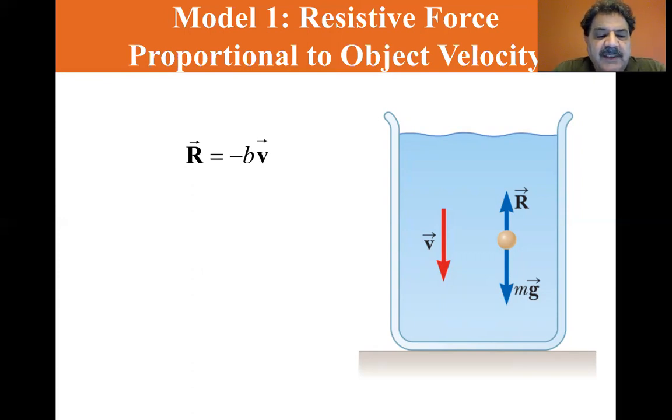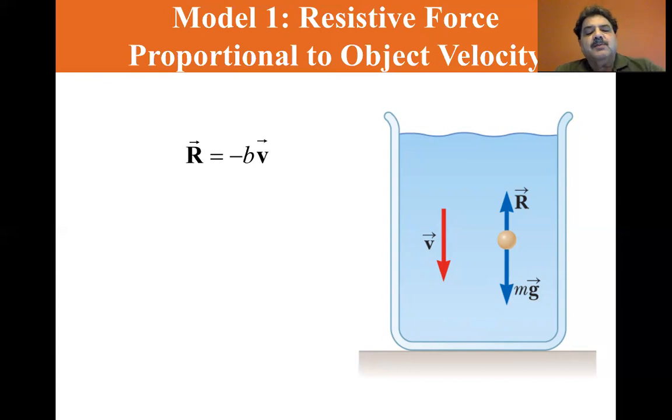V, the velocity, is the velocity of the object relative to the medium. And the negative sign in R equals minus BV indicates that R is in the opposite direction to V. You can almost think of it as friction. Friction is always opposite the applied force.